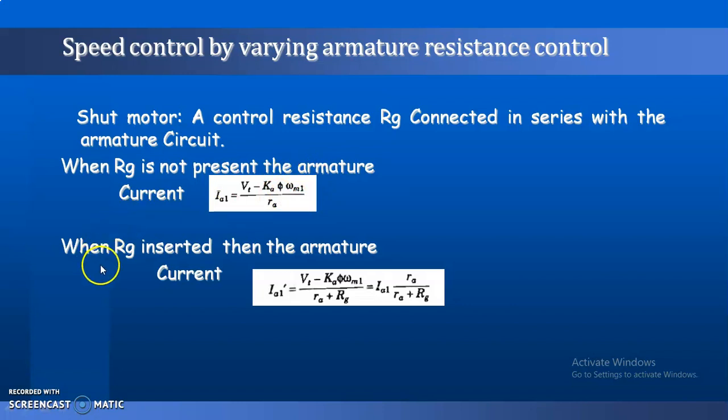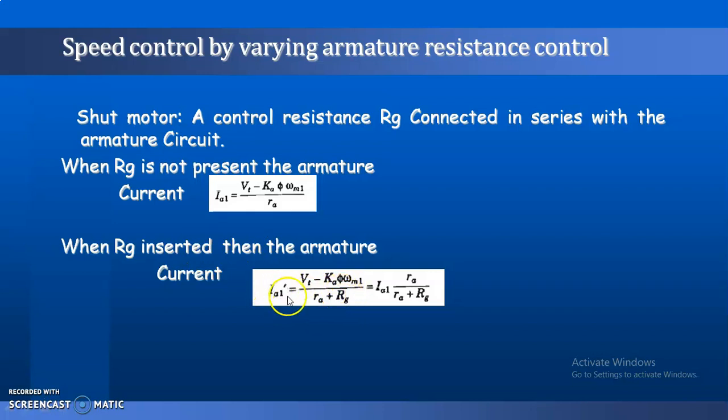When inserting the Rg resistance, external resistance, in the armature circuit, at the beginning the speed is not changed, that is ωm1, but the current is changed due to inserting the resistance Rg.